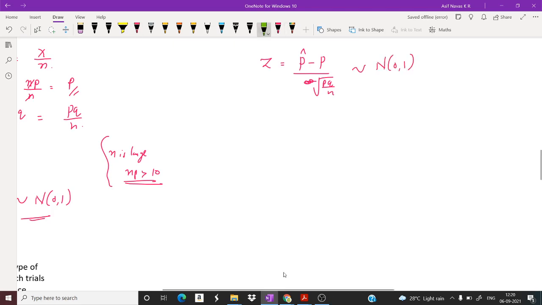And if this p is unknown, now we can make a confidence interval.